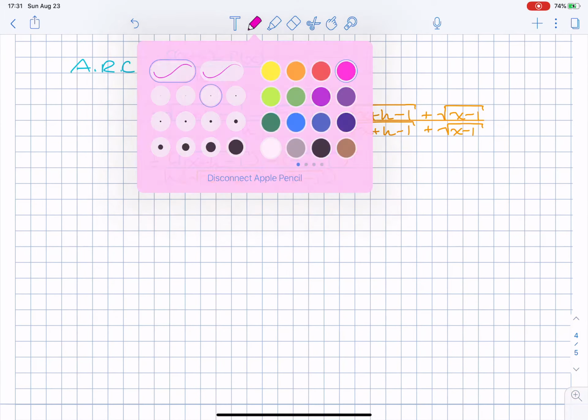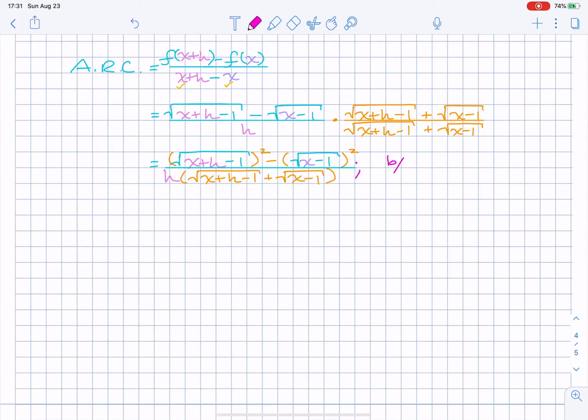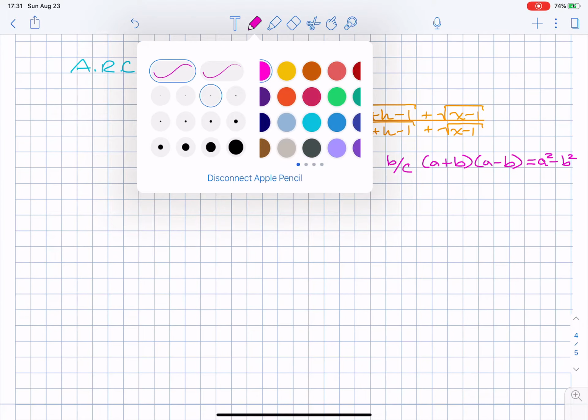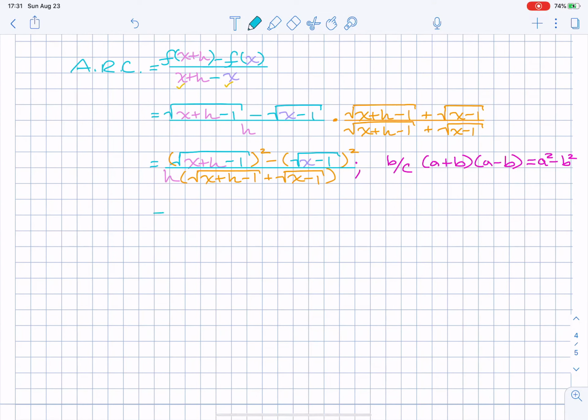And this step is because if I have a plus b times a minus b, that's a squared minus b squared. That's a difference of squares. So that's what I've employed in the numerator. That's why we multiply by the conjugate, to force the difference of squares.